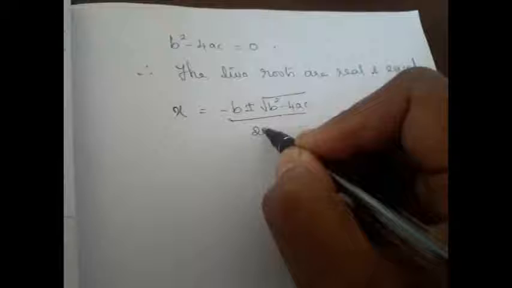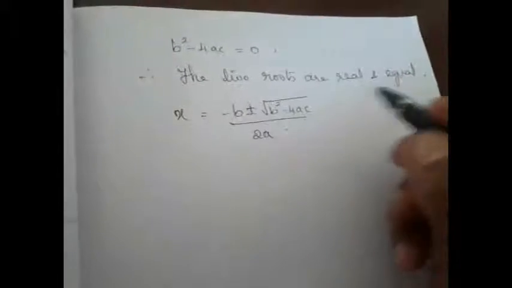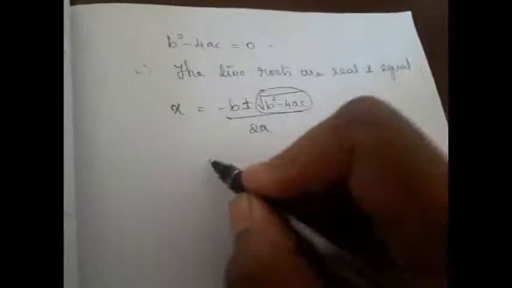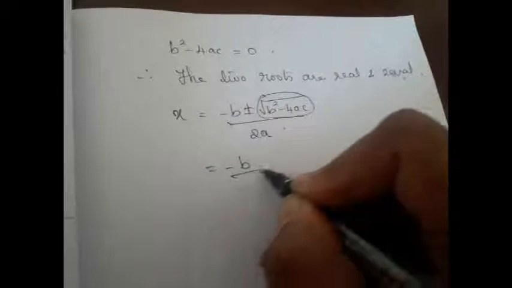The roots can be easily found using the formula. What is the formula? Minus b plus or minus square root of b square minus 4ac divided by 2a. In this, b square minus 4ac has become 0. So minus b divided by 2a will give you the roots, right?